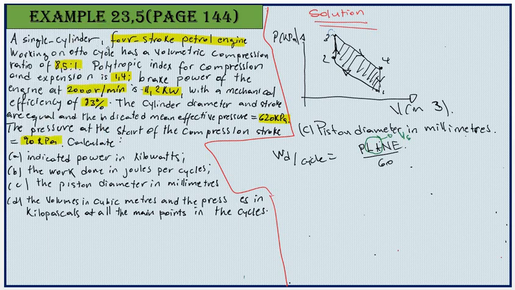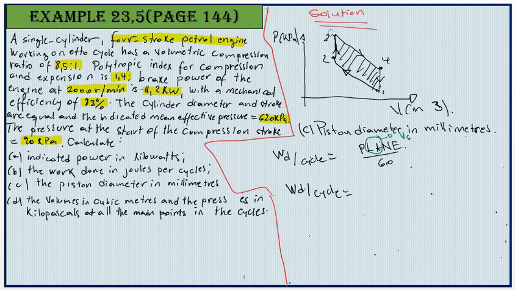So in other words, we can say that the work done per cycle is equal to this, which represents the indicated power.